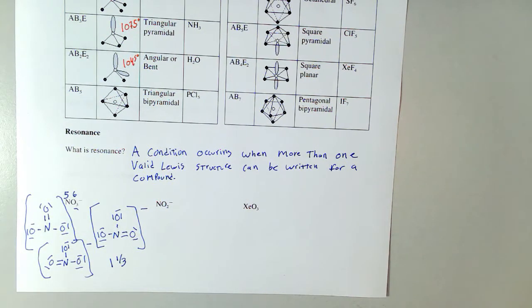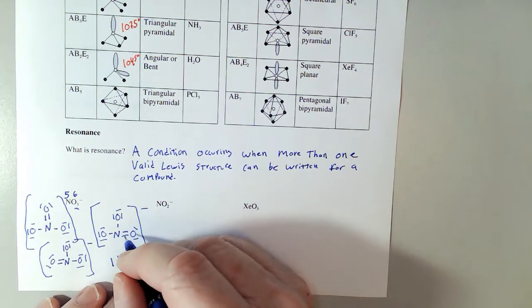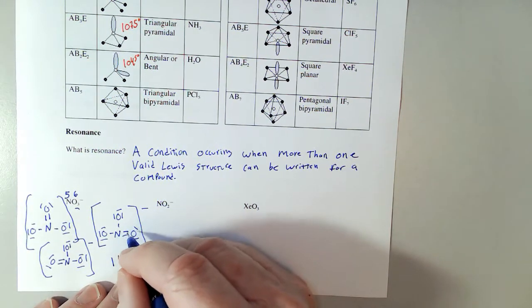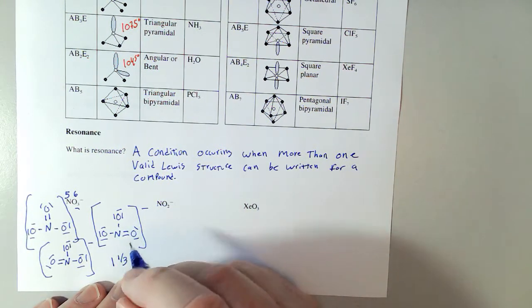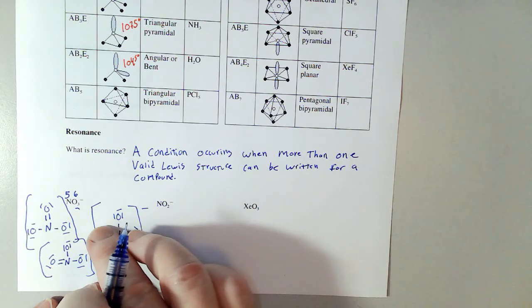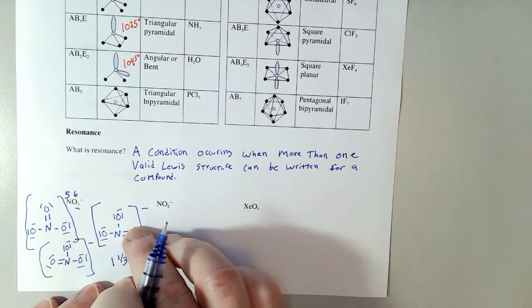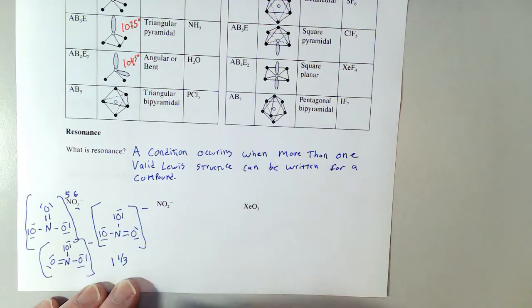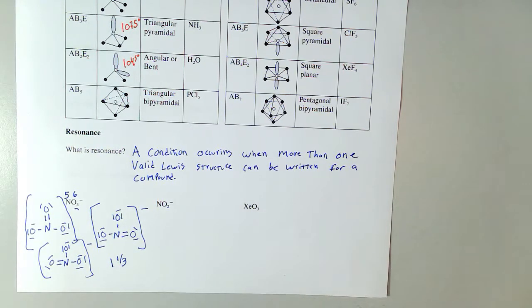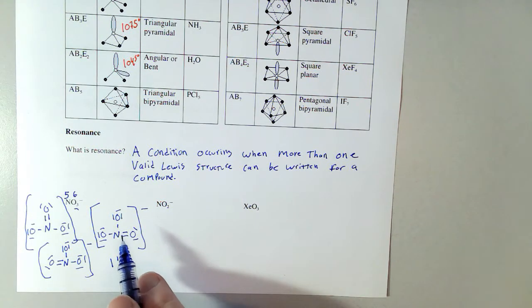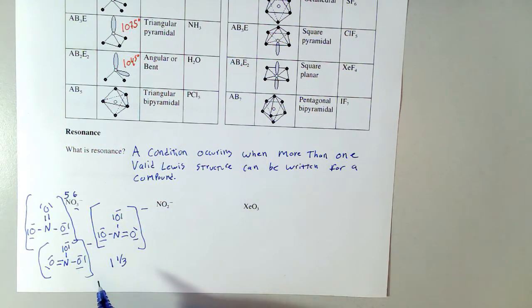So what that's telling us is that the electron density that you see in this double bond that's right here gets spread out evenly over all 3 sites. Okay? So it's shared electron density that has been evenly distributed.